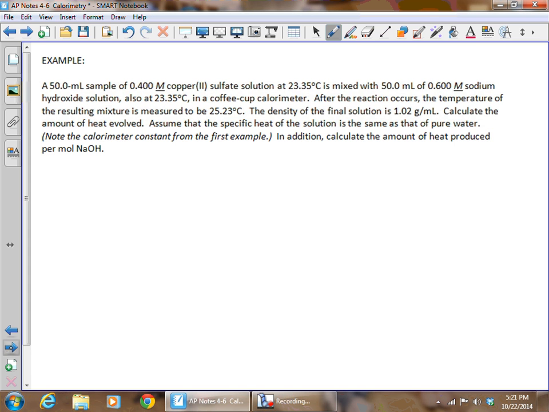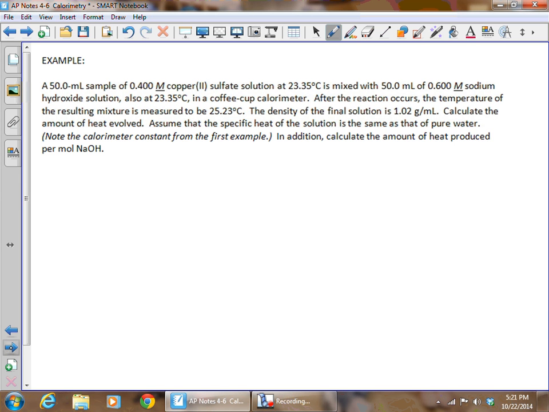Our last calorimetry problem deals with mixing two solutions together, which is going to create a chemical reaction. It says we're going to mix 50 milliliters of 0.4 molar copper 2 sulfate at 23.35 degrees Celsius. Notice that the temperatures are the same all the way through.